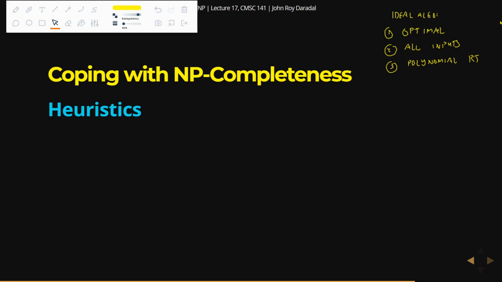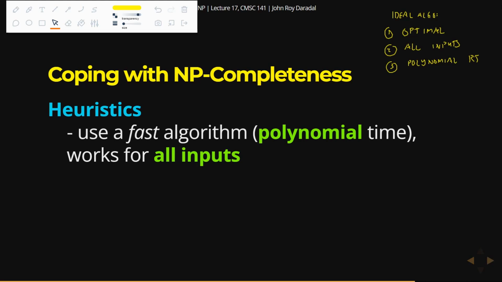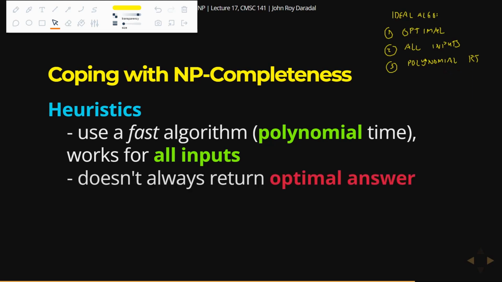First, if we use heuristics, you're already familiar with heuristics from your algorithms class, in greedy. We will use a fast algorithm, so it will still run in polynomial time, and it should work for all inputs, but what we are sacrificing is the optimality. So it doesn't always return the optimal answer.